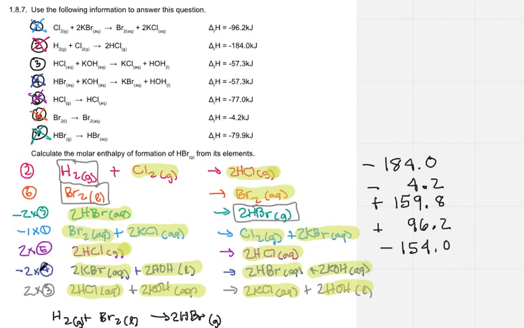Minus 2 times reaction 4, so we take this number, flip it to 57.3, double it to 114.6, and double reaction 3, we double this and get, oh, that's odd, those are the same number, but I suppose that can happen. So we double reaction 3 and we get minus 114.6.